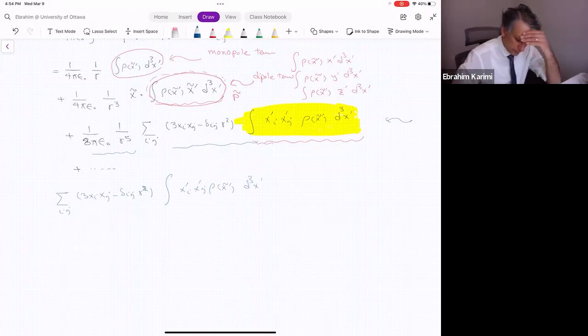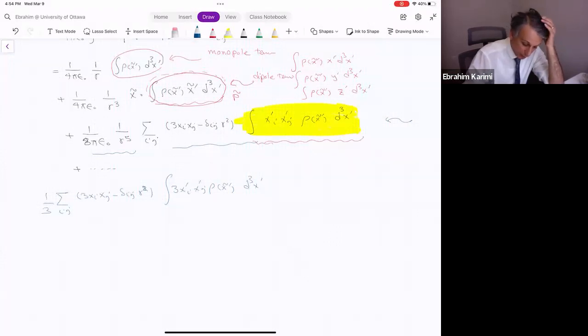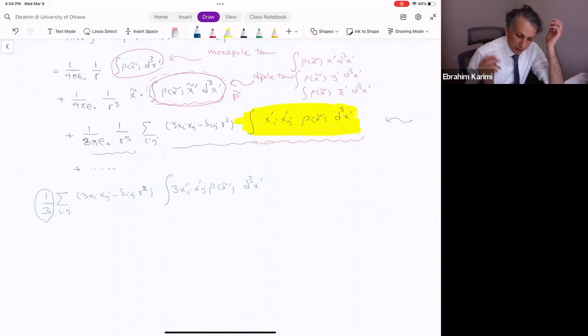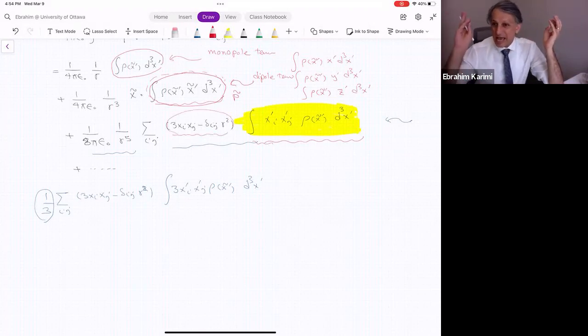What I do, I will multiply both sides by 3. So I multiply the denominator by 3. I will put a coefficient of 1 divided by 3. It is the same, guys? Do you agree? Okay. What I'm going to do, I'm going to make this completely symmetric in terms of x_i and x prime i.